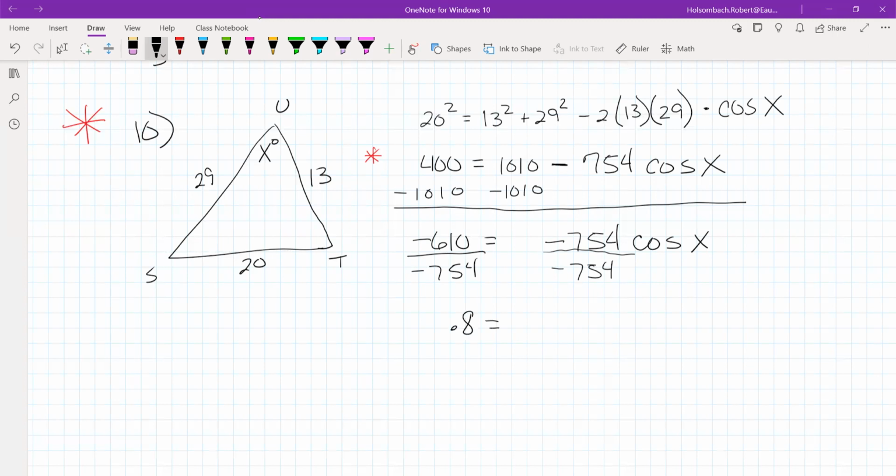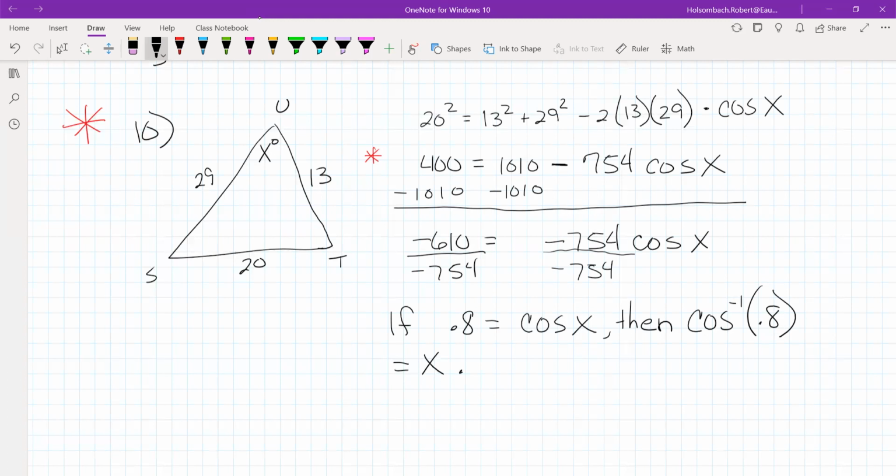And 0.8 is equal to cosine of X. So if 0.8 equals cosine X, then inverse cosine of 0.8 equals our X, okay?